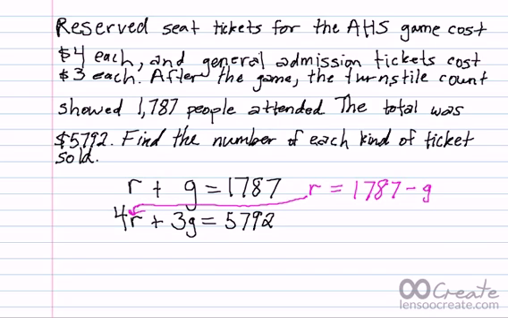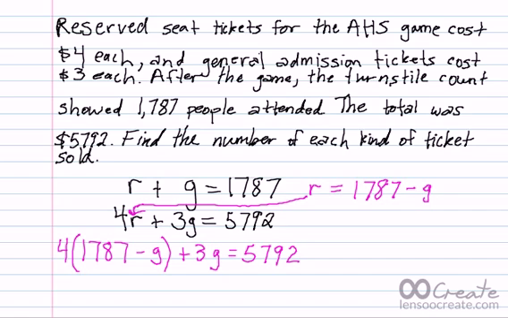That's exactly what I'm about to do. What do we know about R? We know it's equal to 1787 minus G, right? So 4R plus 3G equals 5792.